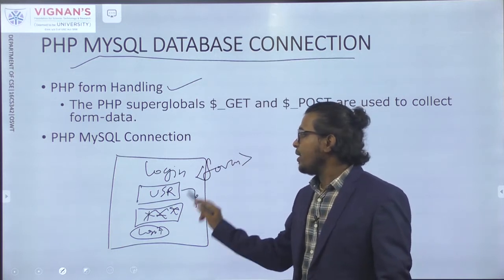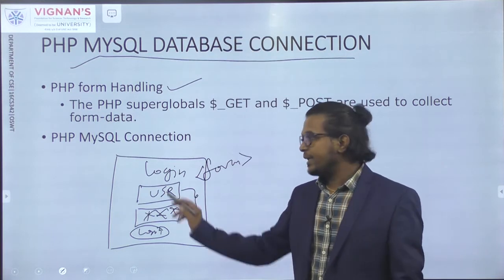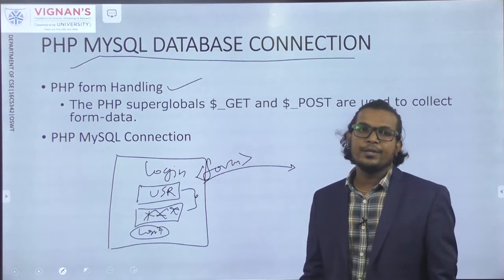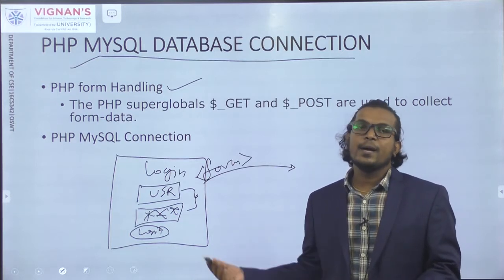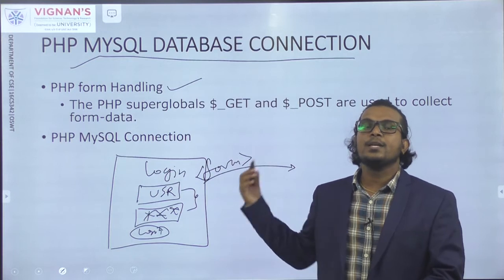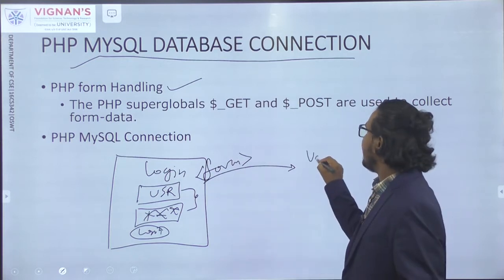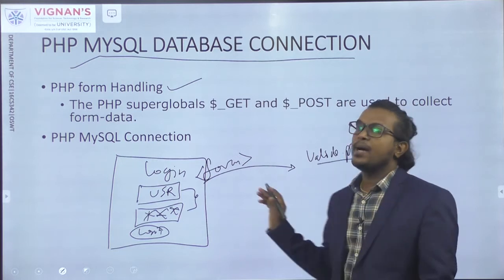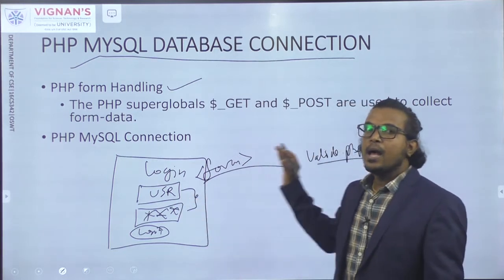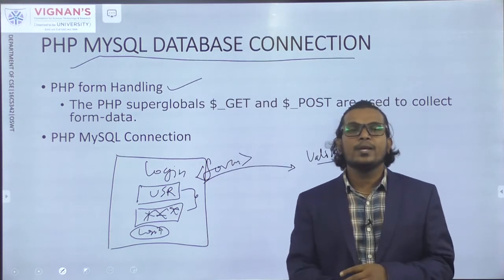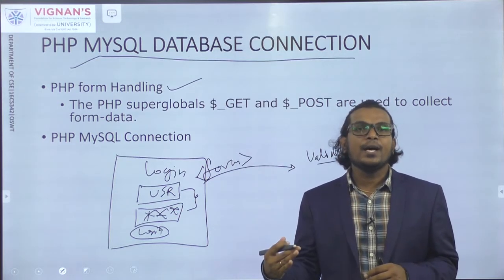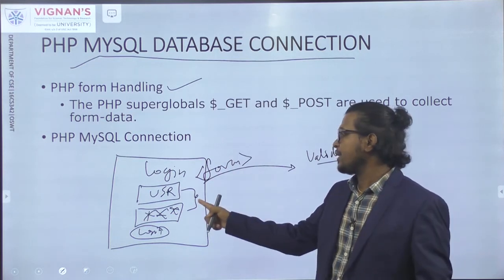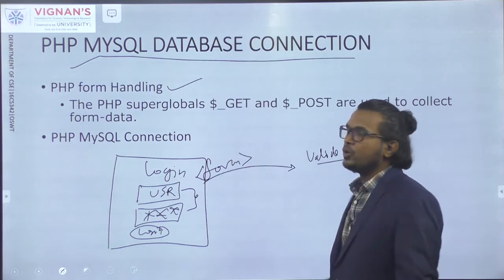We are passing that user information to validated.php, or to another page, for validating the username and password, that is, for validating the user information. We are passing the entered user information to another page.